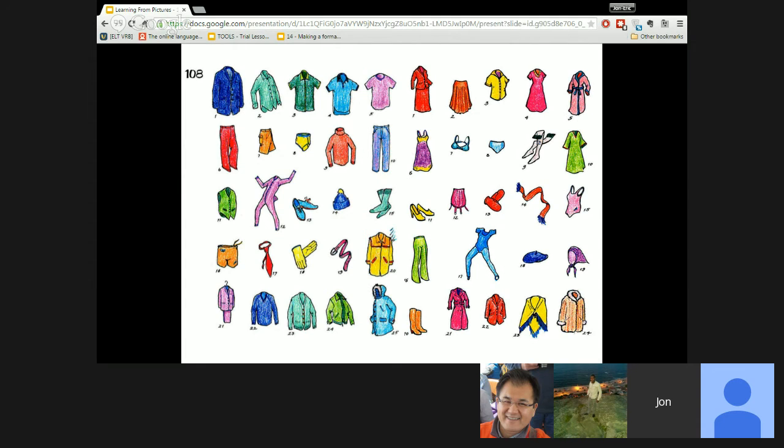All right. So, for example, 13 is pretty easy. Right in the middle of the screen. No trick there. What's 13, class? Shoes? Yep. That's easy, right? Number 14 from last week.